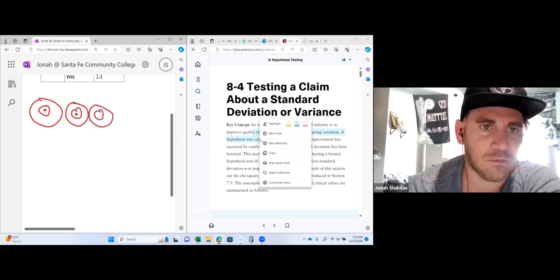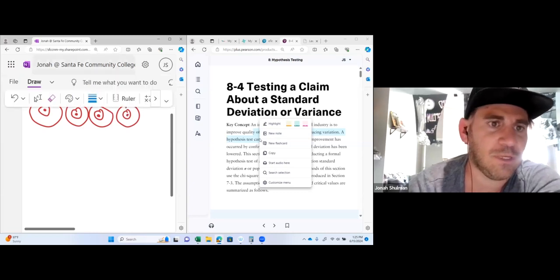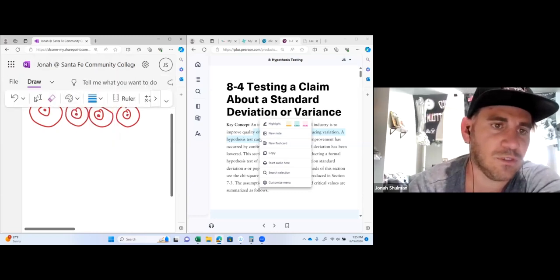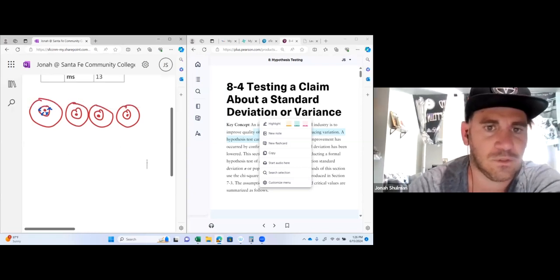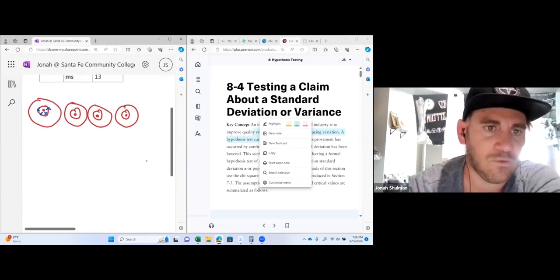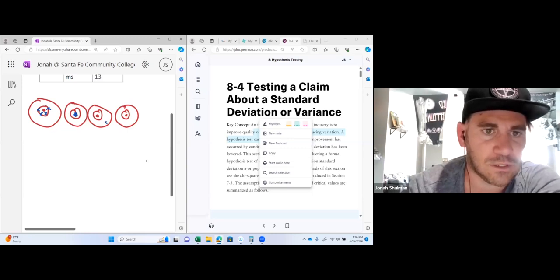I think this is the point they're trying to make. Basically, we're going to look at the difference between them. The first one I'm going to do looks like this, then one that looks like this, and one that looks like this.